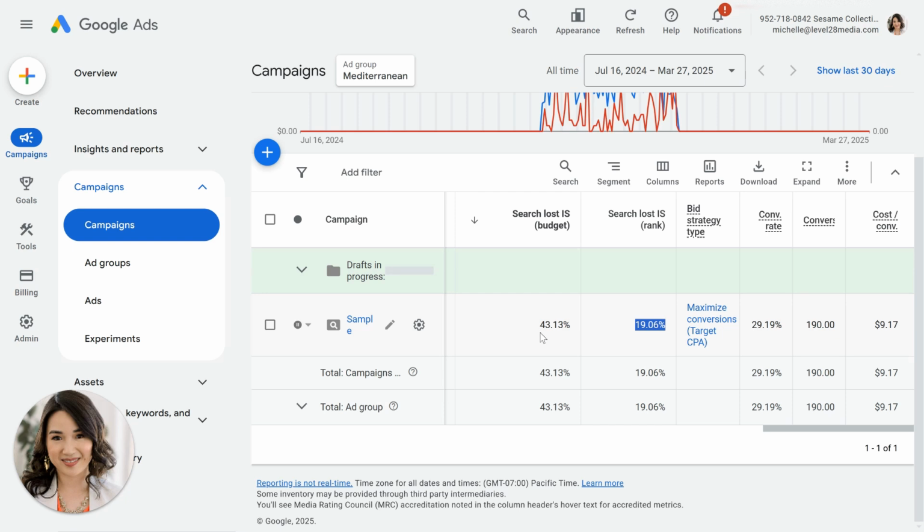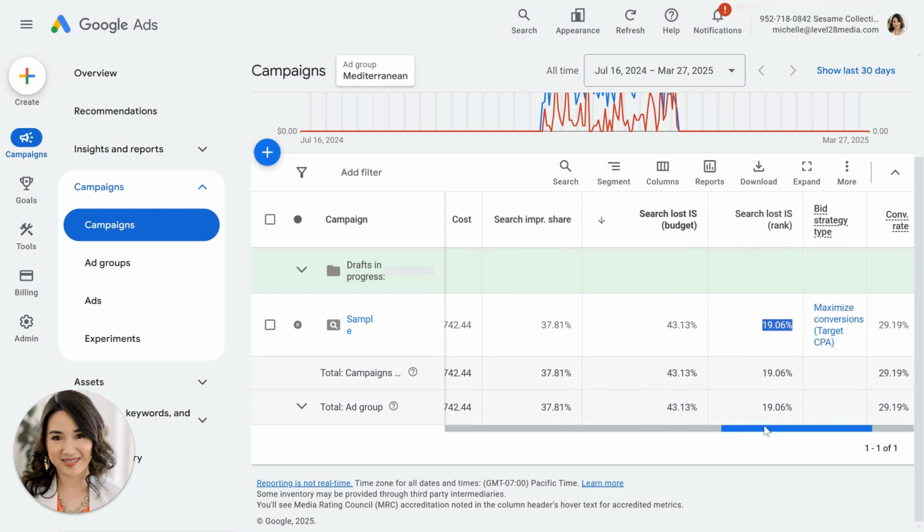If you've increased your budget and brought this down to zero and you've been able to maintain your cost per acquisition goal, look at what you can do with your search impression share loss to rank. If you want to test increasing your target CPA, you can, but probably shift it by 10 to 20% increases, no more than that. And then also look into focusing on quality score improvements and see where that takes you.